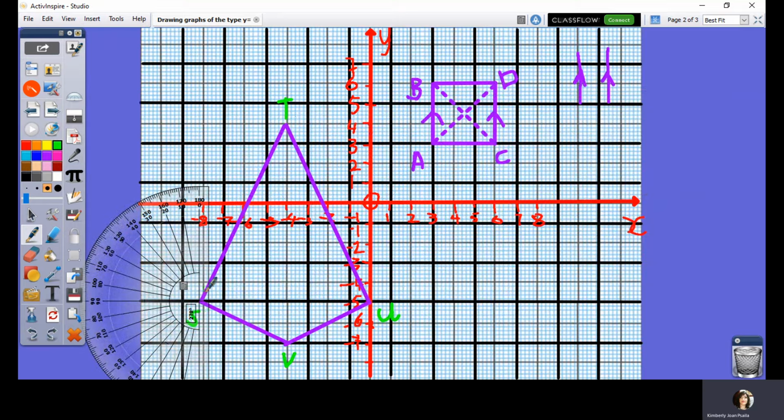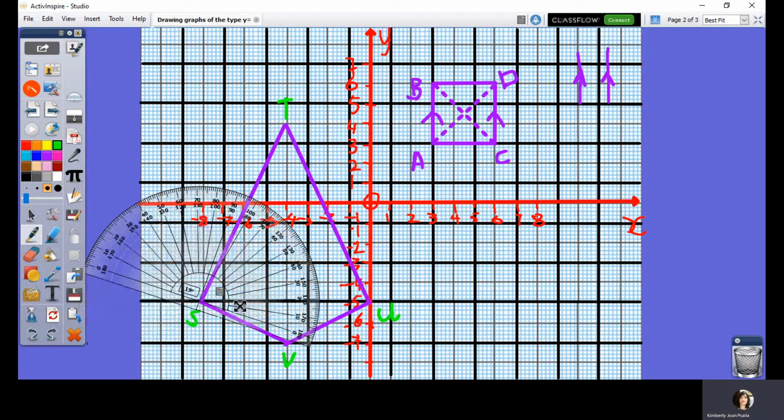You put the zero point, the center of your protractor, on S, and rotate the protractor so that the zero line is seen on one of your lines. For example, mine, the zero line is here. You see, it is exactly on the line.